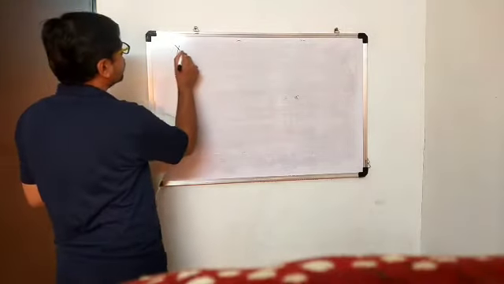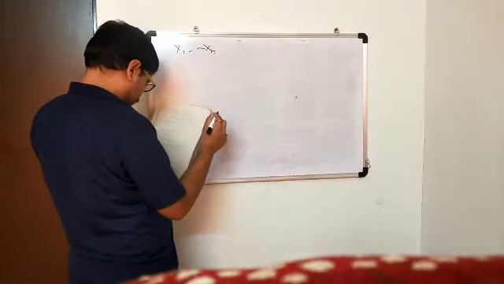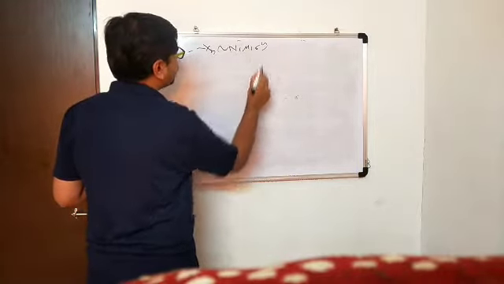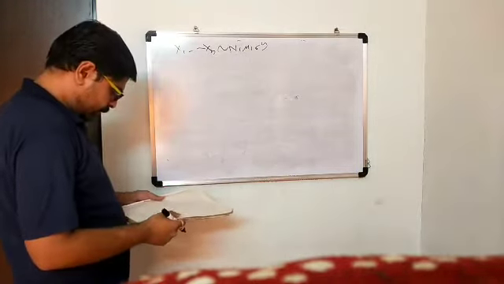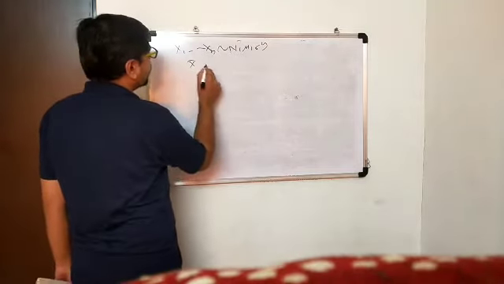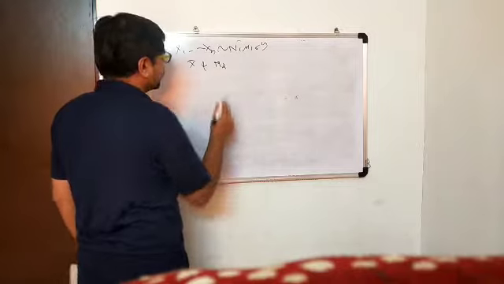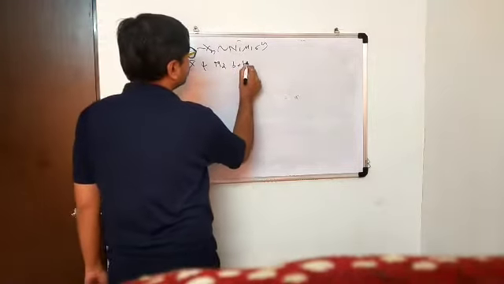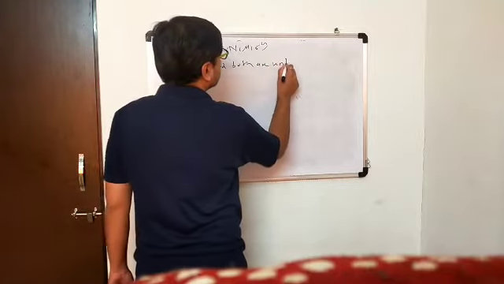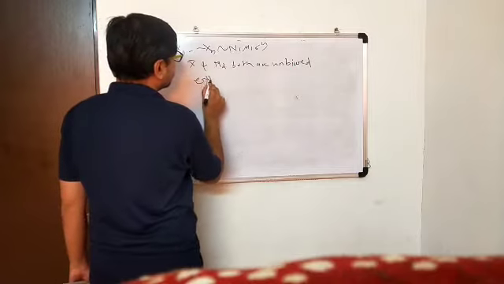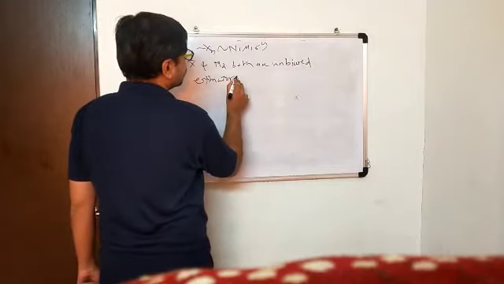X1 to xn is a random sample taken from normal mu, sigma square, and we have to show that the sample mean x bar and the sample median MD both are unbiased estimators of mu.